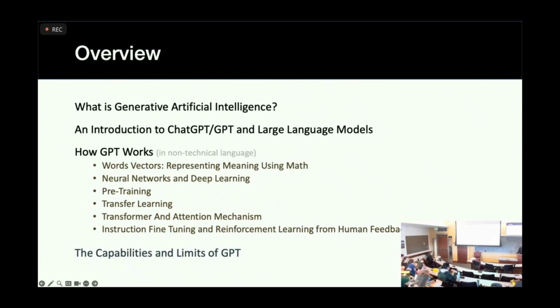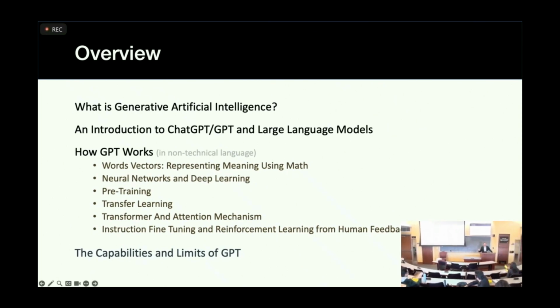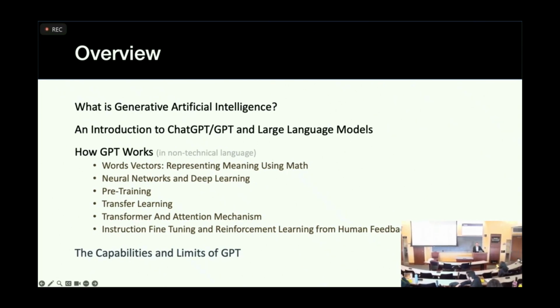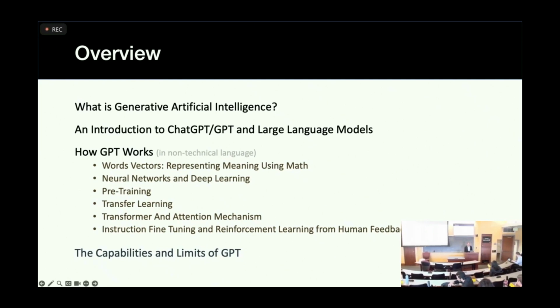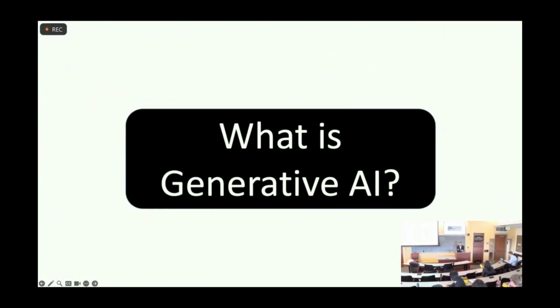We'll look at word vectors, neural networks, pre-training, transfer learning, transformer and attention mechanism, instruction fine-tuning, none of which most of you know right now, but I'm going to explain this in really simple language. So hopefully when we come out the other side, non-technically oriented students will have a sense about how this amazing technology works. And please hold all questions to the end, because we've got a lot to go through. So let's start right out.